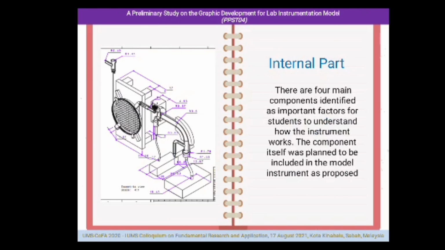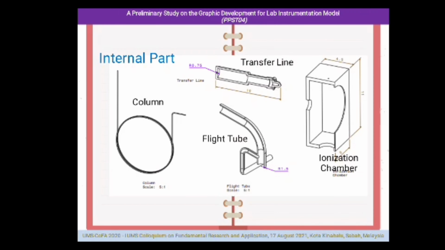For the 3D model design, we use one software, and we consider the internal parts. There are 4 main components identified as important factors for students to understand how the instrument works. The components were planned to be included in the model instrument as proposed.